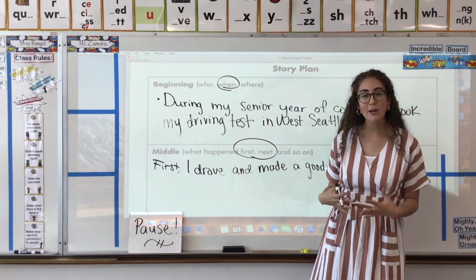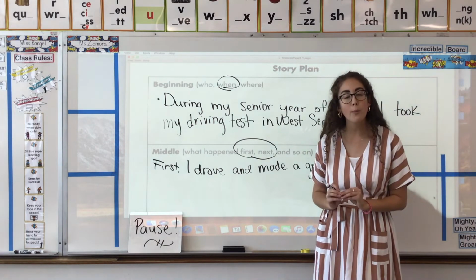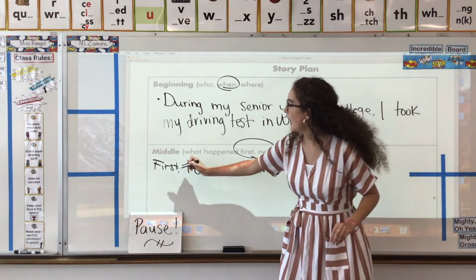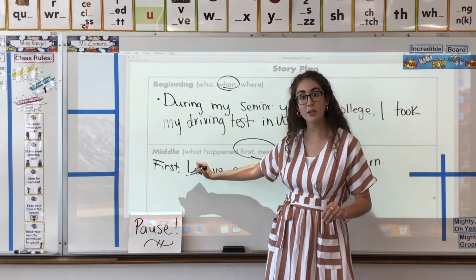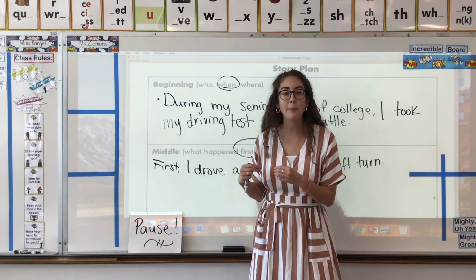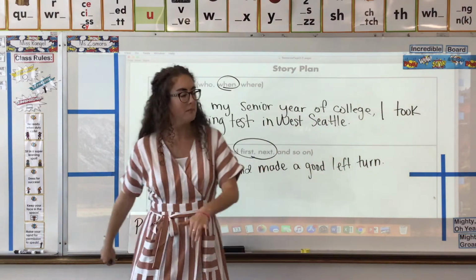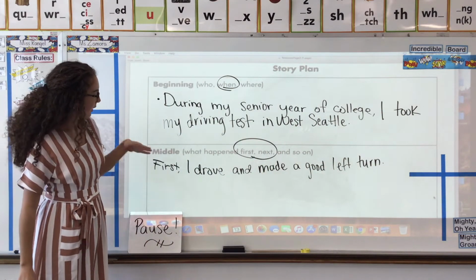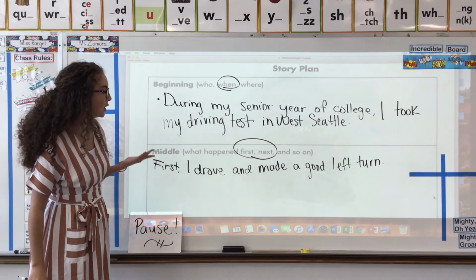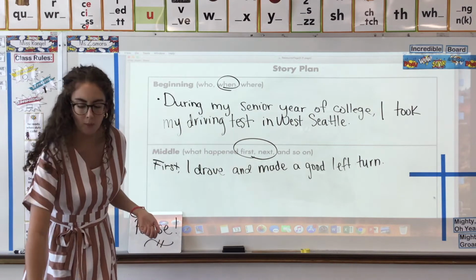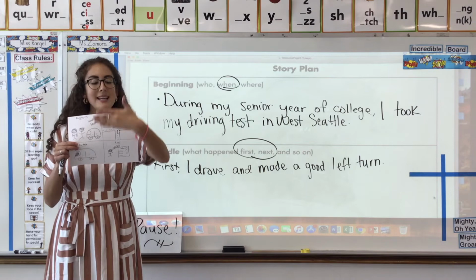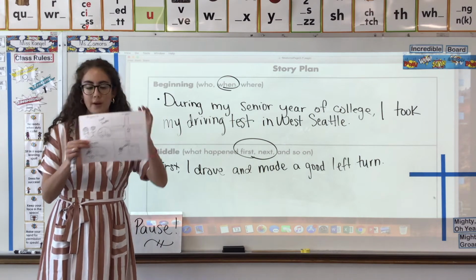So I just described the first image in the middle part of my storyboard. And I made sure to include this transition word to show that this happened first in the order. Okay, let me read it. First, I drove and made a good left turn. Okay, that describes exactly what I drew on my storyboard.